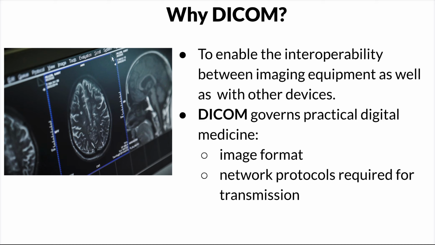You get it? So that is why the second point says the network protocol required for transmission governs that, so that for you to send an image file from one device, one equipment or one modality to another, they have to agree, and there shouldn't be any rejection or any conflict anywhere.